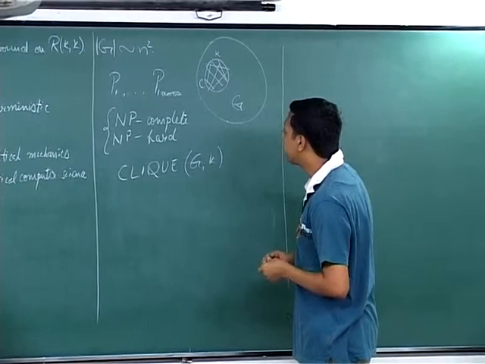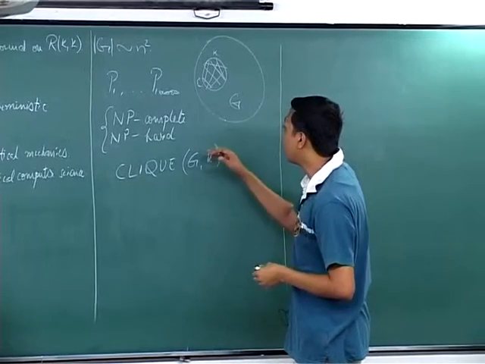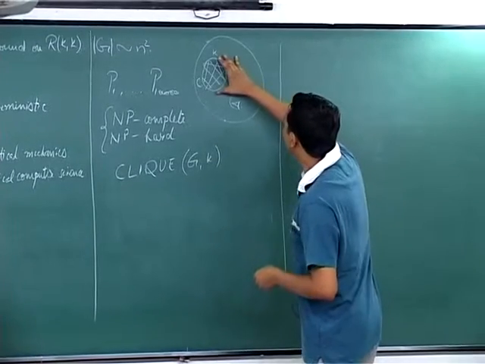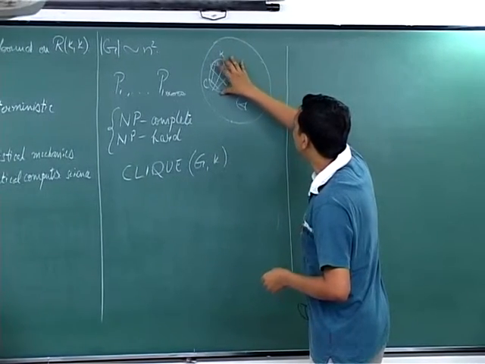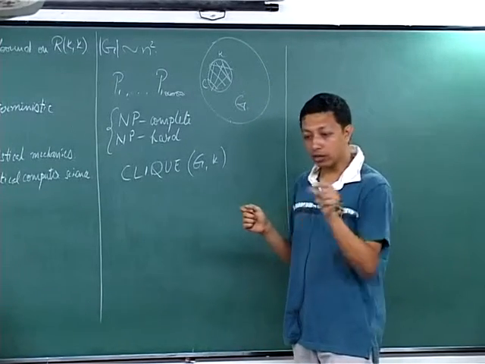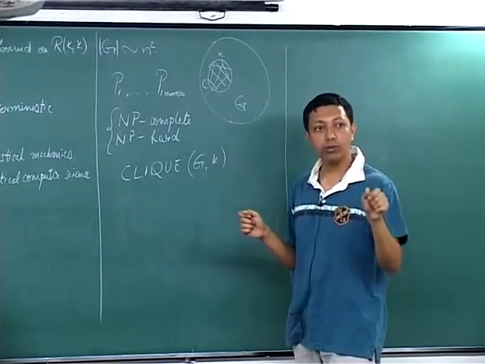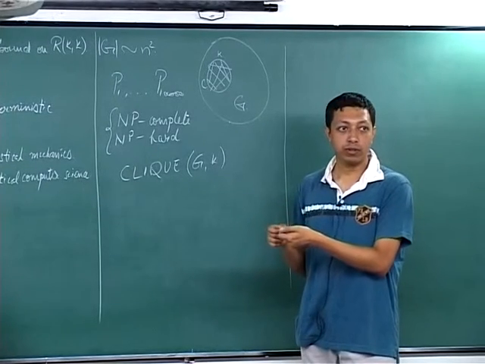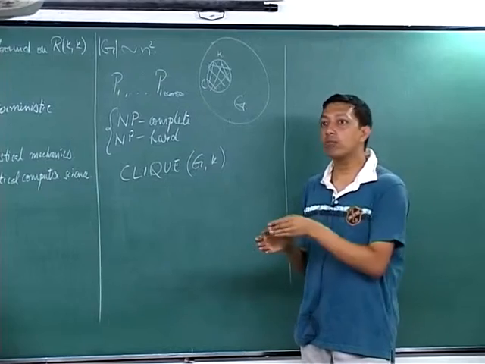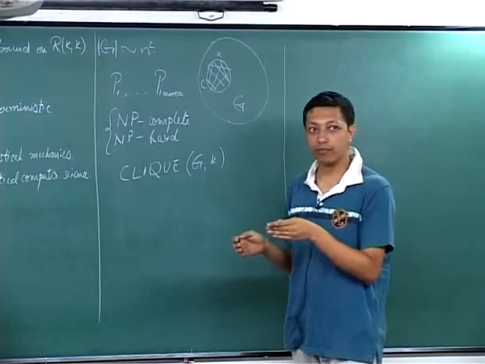Why is this problem in NP? It's because suppose you take a set of k vertices and you print the edges of those k vertices. Then you can easily check that all those k vertices are present in the graph and form a clique.